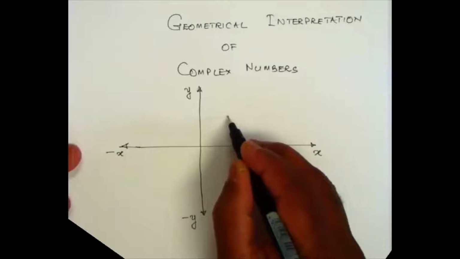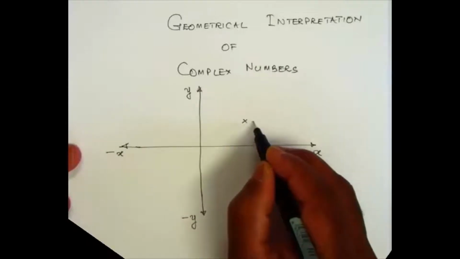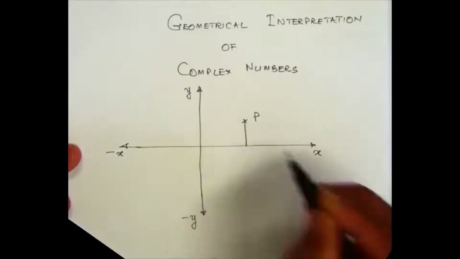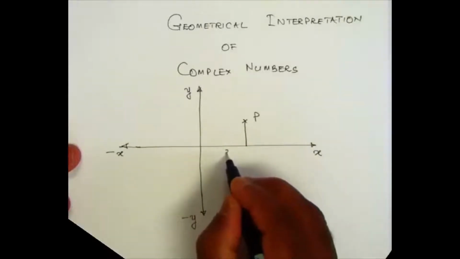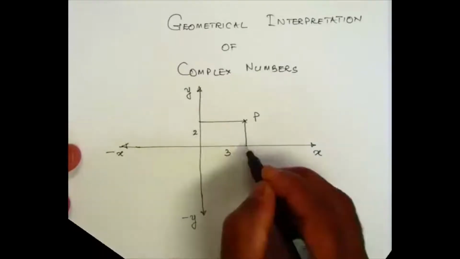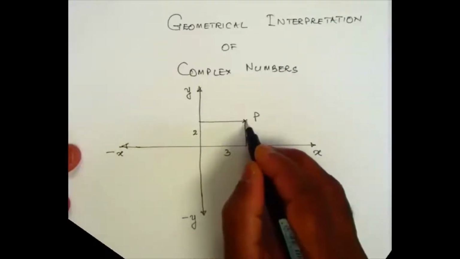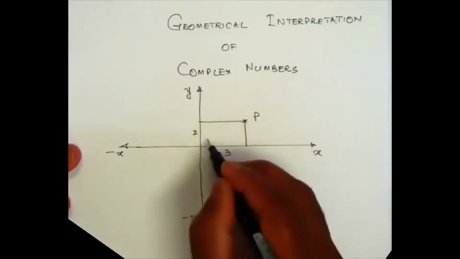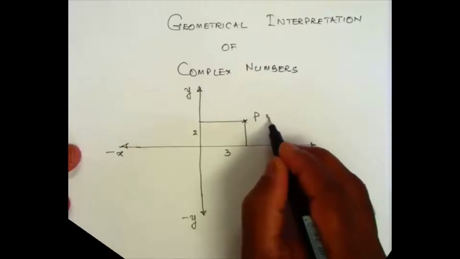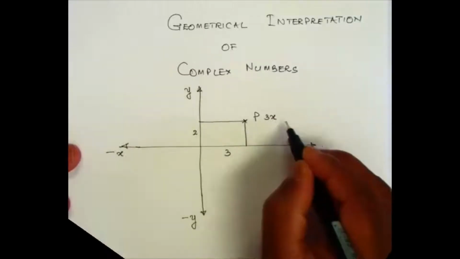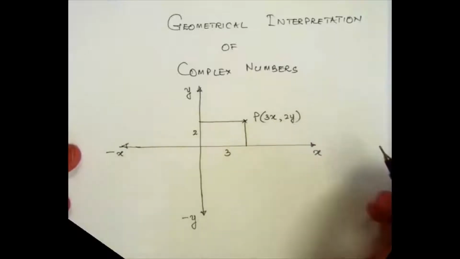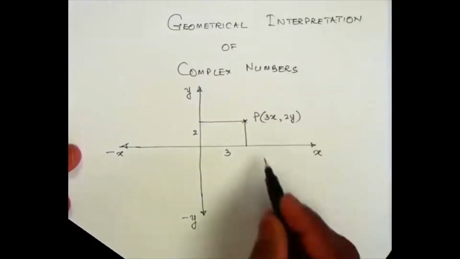Say if I take a point here, say point P, let's say this is 3 and let's say this is 2, so this point P is represented by 3 on x and 2 on y.